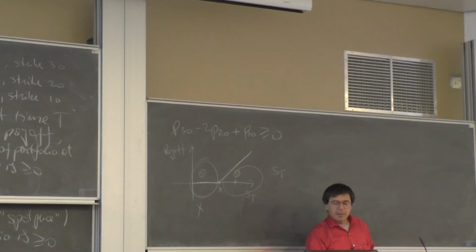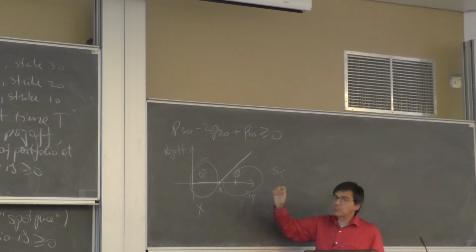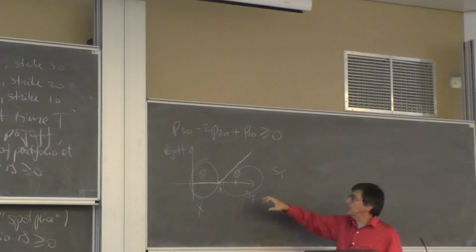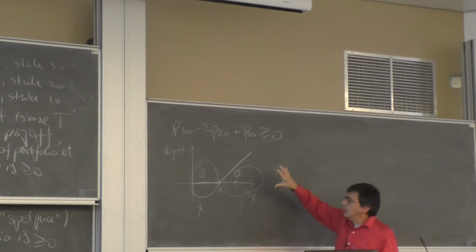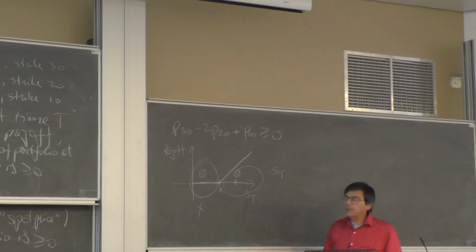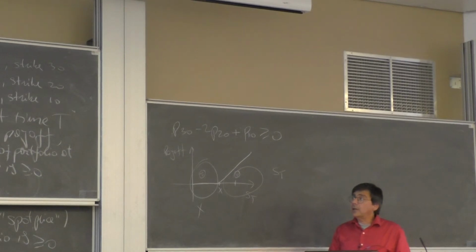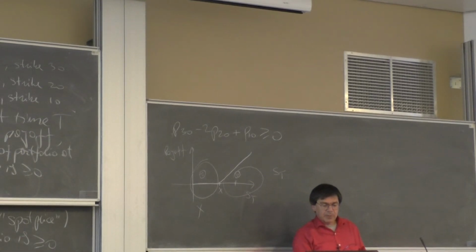We can summarize it by saying it's going to be the maximum between ST and X. Because when ST is bigger than X, the portfolio is worth this. When ST is less than X, the portfolio is equal to that. So the value of portfolio A at time t is the maximum between ST and X, and that maximum is greater or equal to ST.